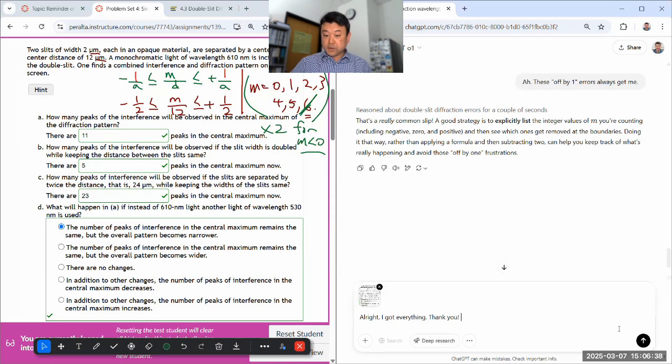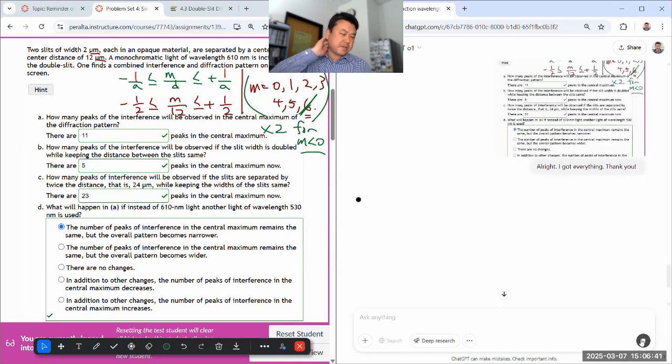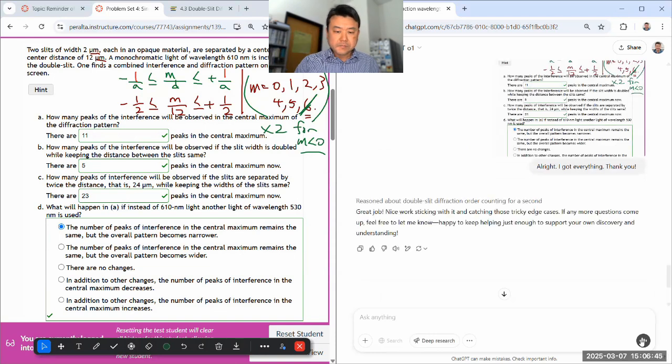Oh, one thing you can do. I haven't tried this before, so let me see if this will work. So I think you might be able to use ChatGPT the way I'm using it for the lecture comprehension questions. I think you can ask it for another practice question. Let me give that a try.